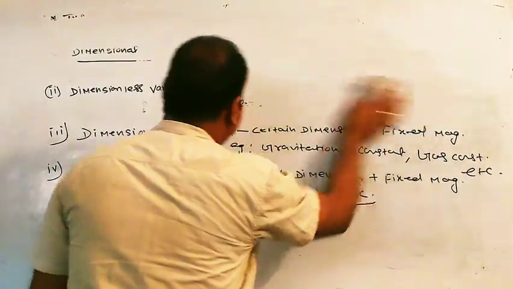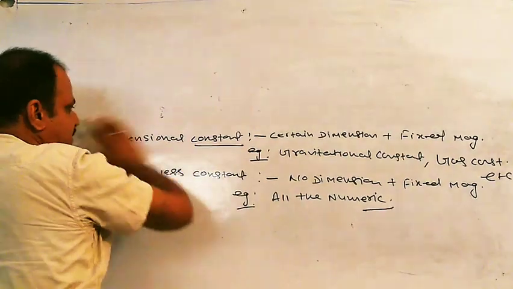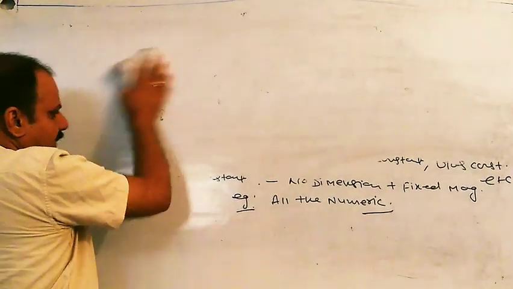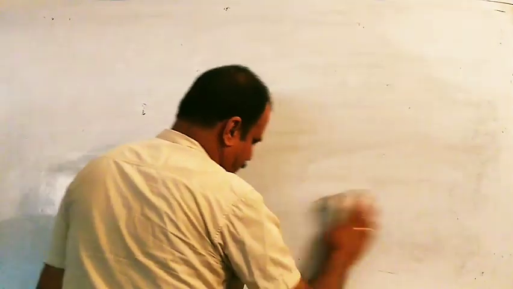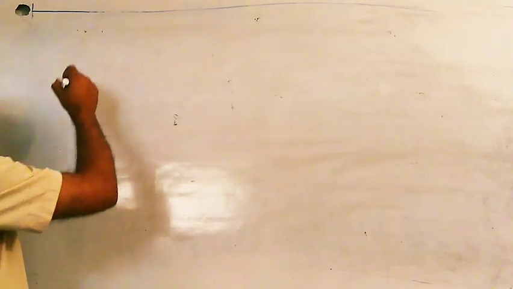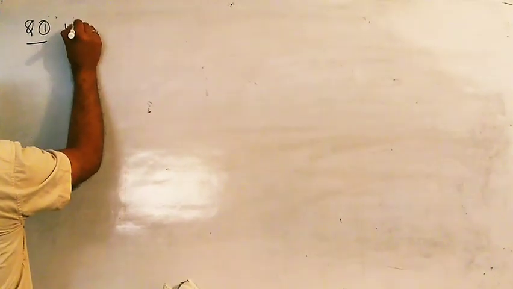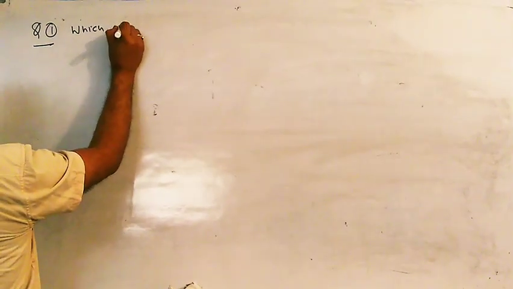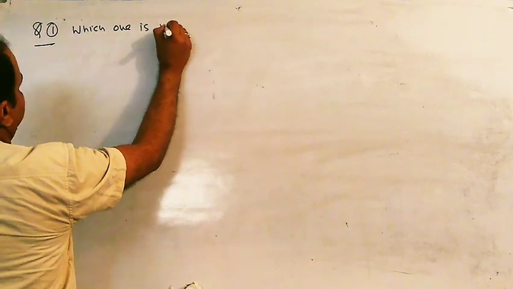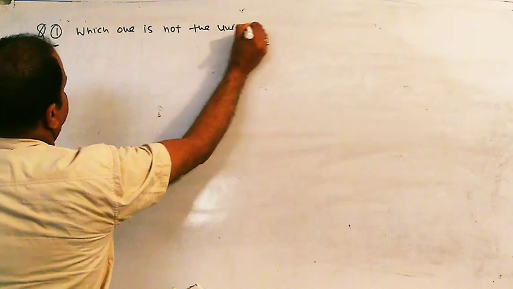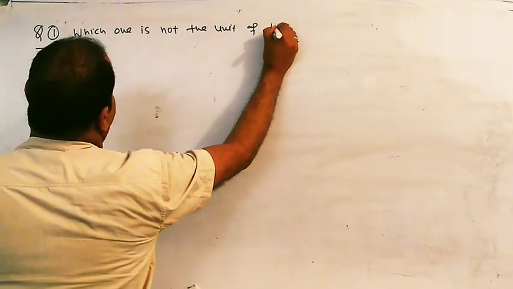Now, dimensional analysis. And before that, one or two basic questions. Suppose that this is the question. Which one is not the unit of time?